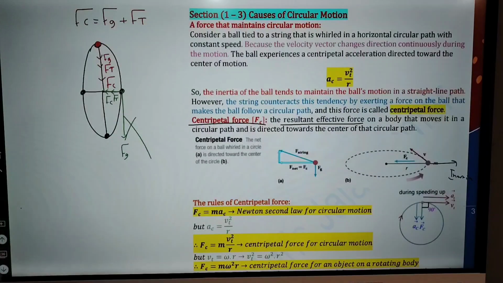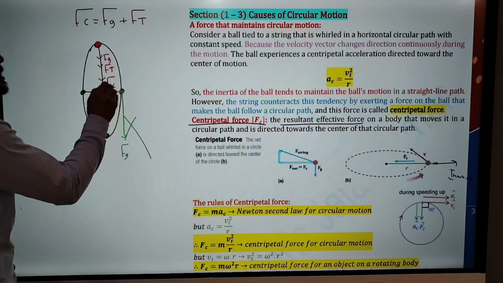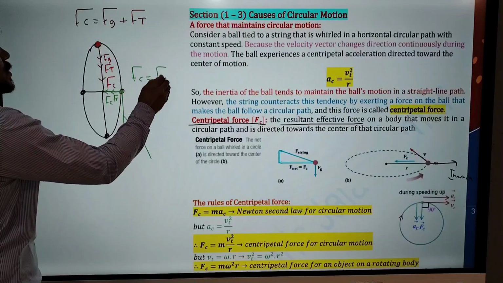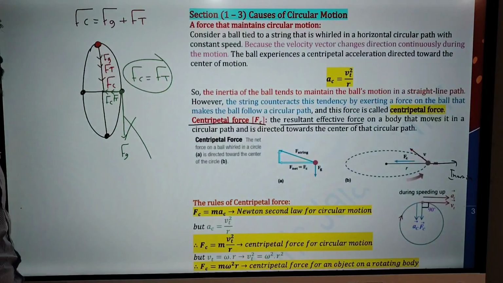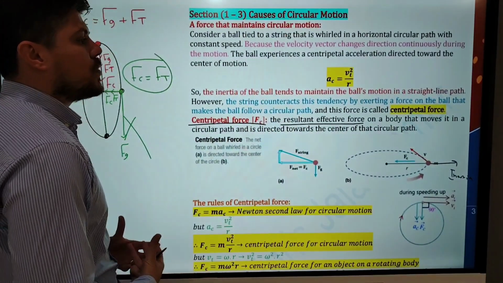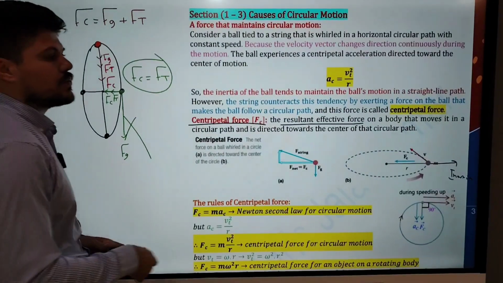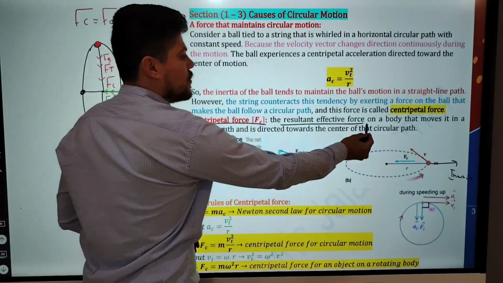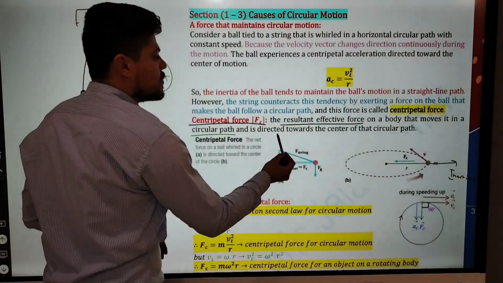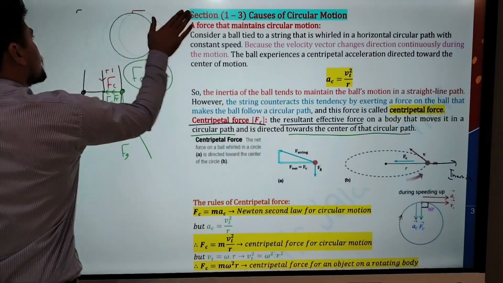That is why the gravitational force does not provide the centripetal force when the ball reaches the horizontal. So in that case, Fc is equal to only Ft. That is why we say resultant effective force, because sometimes more than one force provides the centripetal force. It is the resultant effective force on a body moving in a circular path, directed toward the center of the circular path.